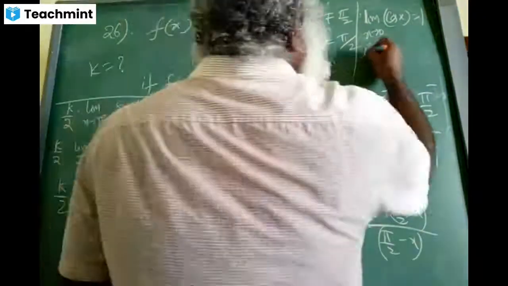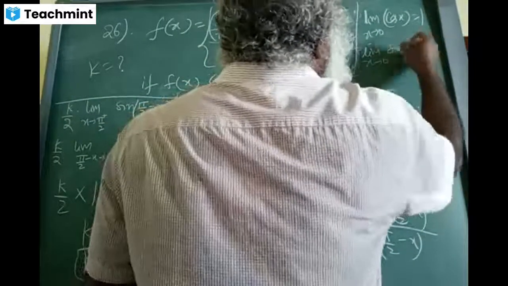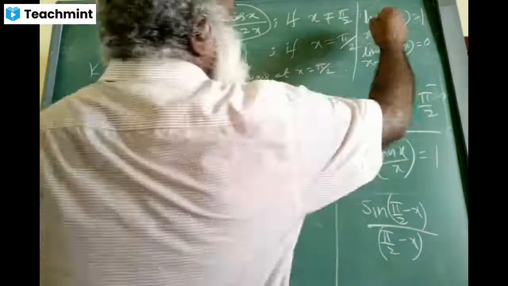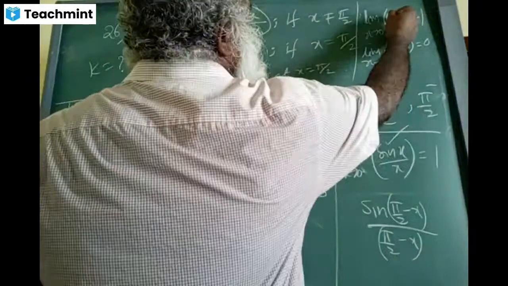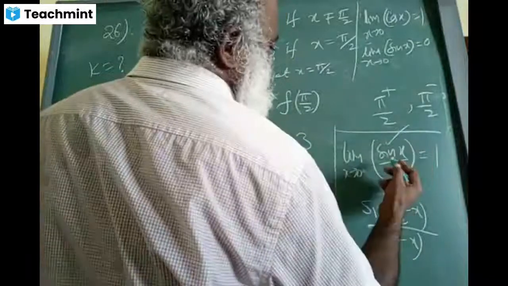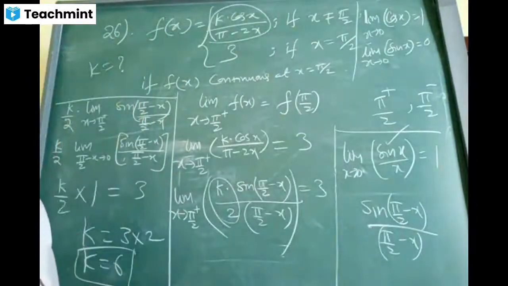Where limit x tends to 0, sin x equals what? 0. Just substitute x equal to 0, cos 0 is 1. Put x equal to 0 here, you get 0. But here if you substitute, you get 0 by 0. That's the indeterminate form. For the indeterminate form, one limit will come into force now.